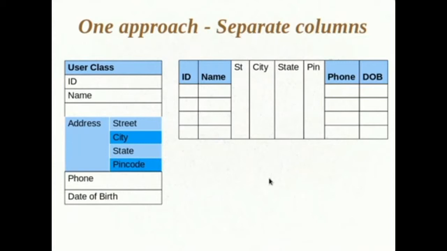This option works fine in a particular scenario, and that scenario is if the object inside this user class is a value object. Now what do I mean by value object? When dealing with Hibernate, we see 2 kinds of objects. One is the entity and one is the value object. Now an entity is something that we saw earlier, that was the user class.